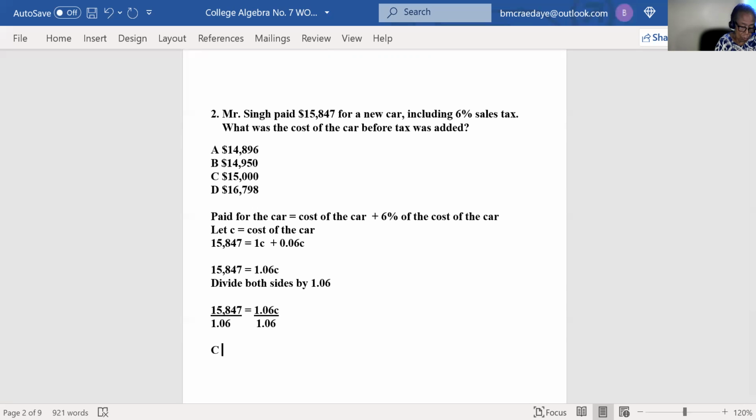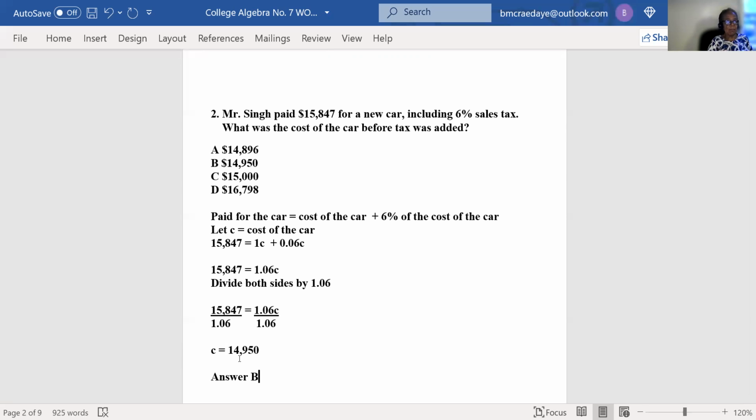So C, the cost, would be equal to, and if you divide that out, you should get $14,950. So that would be answer B. That's the way you solve that one.